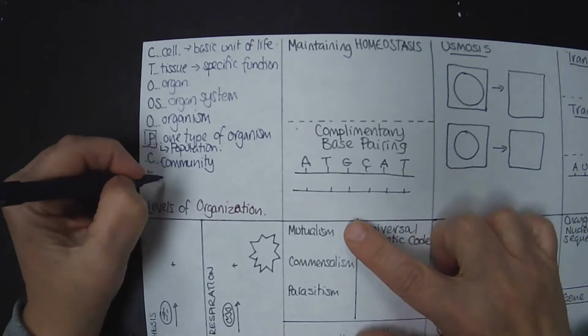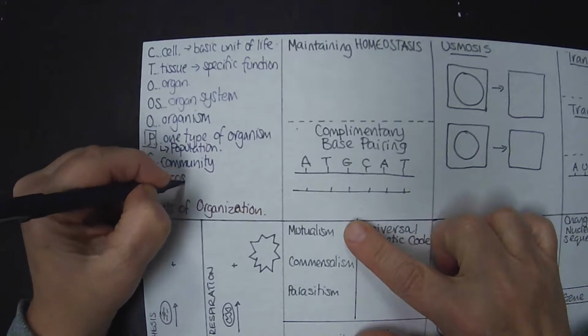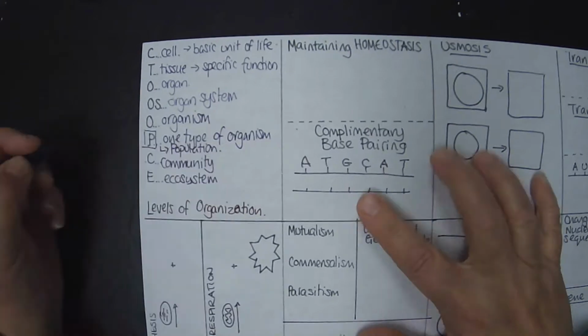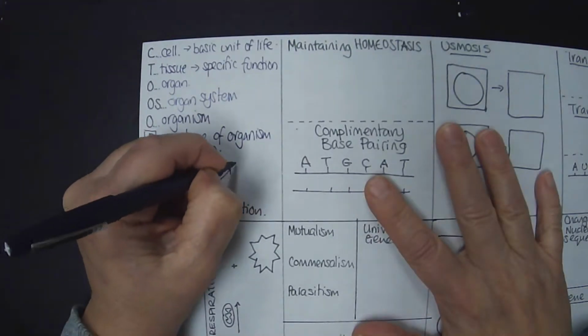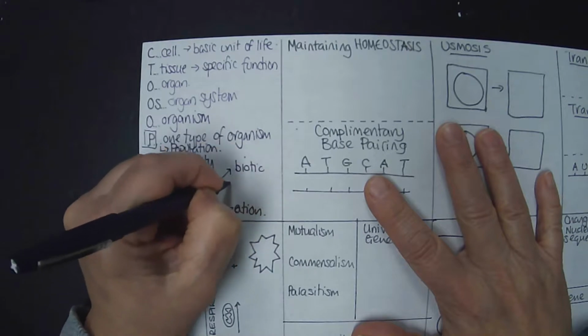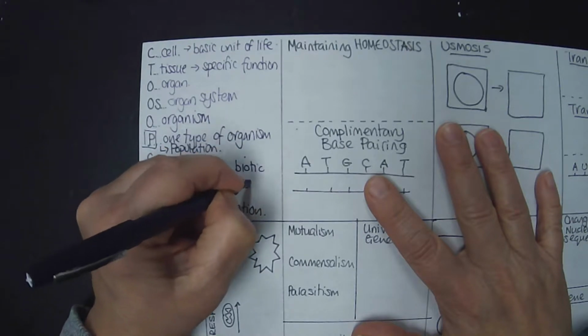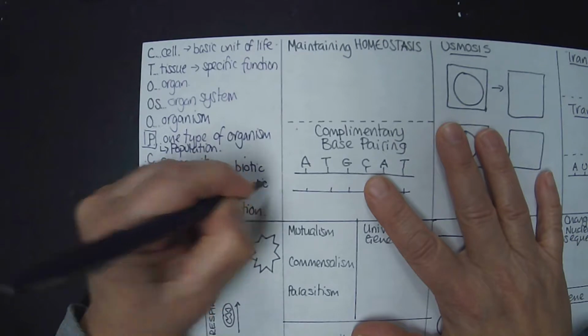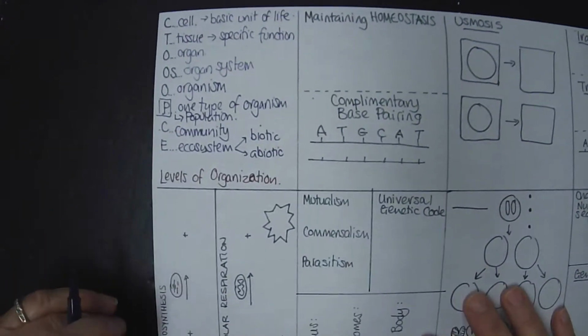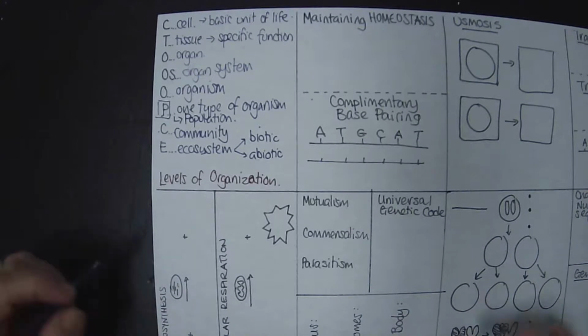And the final level of organization that you need to know about is the ecosystem. The ecosystem is the interaction of the living things, which are biotic, and the non-living things, which are abiotic, like temperature, light, space, nutrient availability, water, all of that kind of stuff.